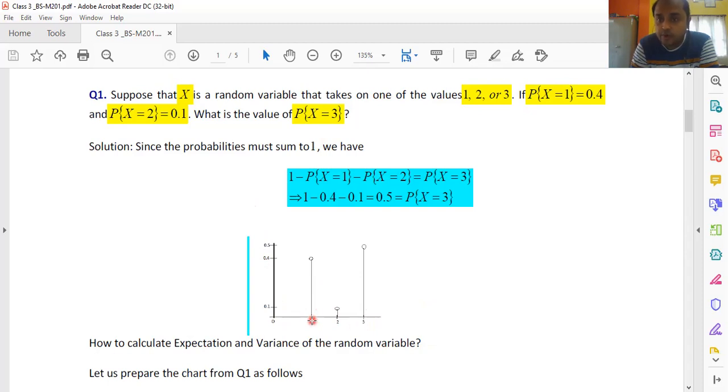Since probability of X equal to 1 is 0.4, I am putting 0.4 over here, and then I'm dropping a straight line perpendicular to the x-axis, touching the x-axis at X equal to 1. I'm also plotting the other two probabilities: for X equal to 2, I am plotting 0.1, and for X equal to 3, I am plotting 0.5. This particular graph is called the graph of the probability distribution.